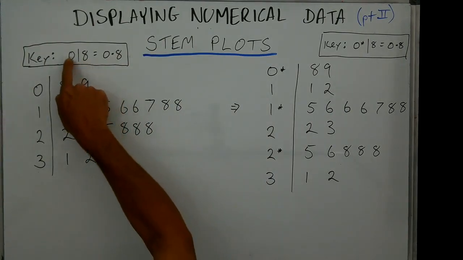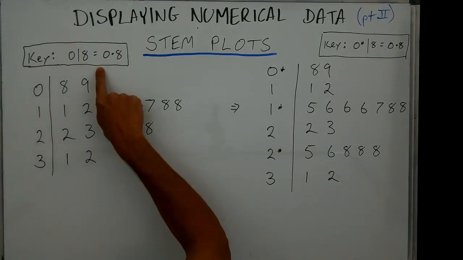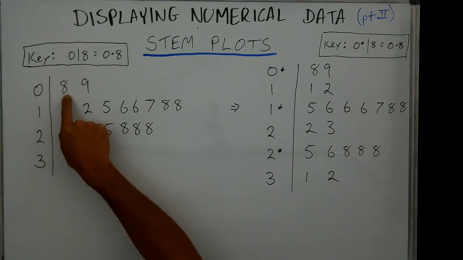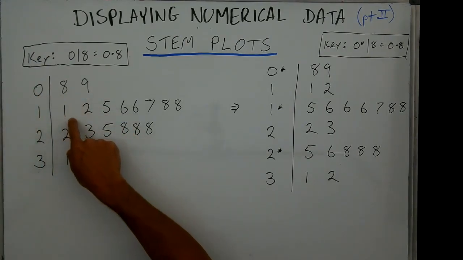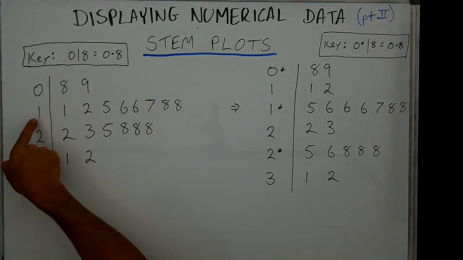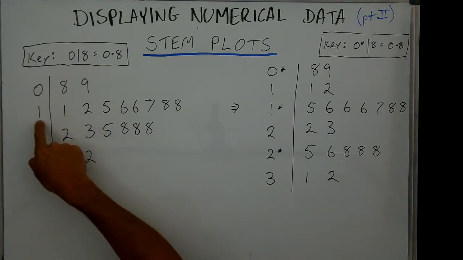So this key would say 0, line 8, it actually equals 0.8. So that would be this in combination with that. The 9 is a 0.9. All these bits of data are all the measurements that start with 1 point something, 1.1, 1.2, 1.5.